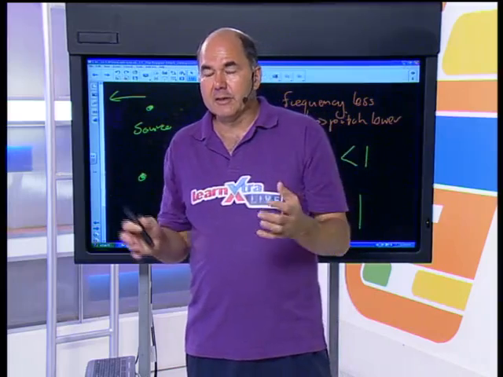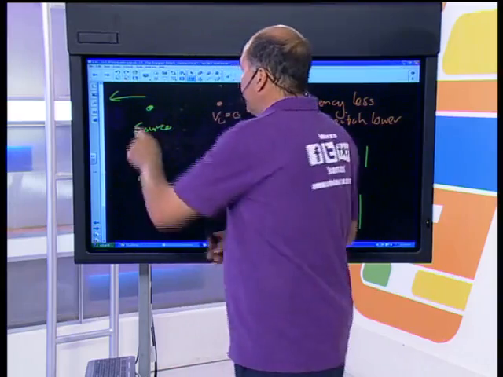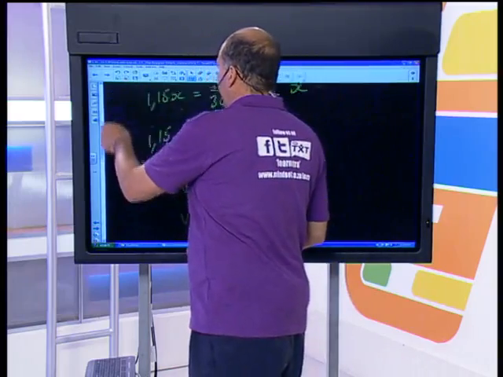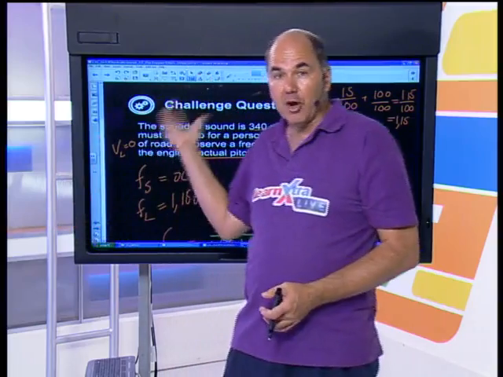Last one. It seems like the mindsetters got confused on the challenge question. They said they don't understand how you converted the percentage in the challenge question. Okay, let's go to this. I want you to understand what 15% means. So if it says 15% higher, now guys, I know that a lot of you don't do Maths Lit, but I know that on Maths Lit programs, Peter and myself have gone over this.